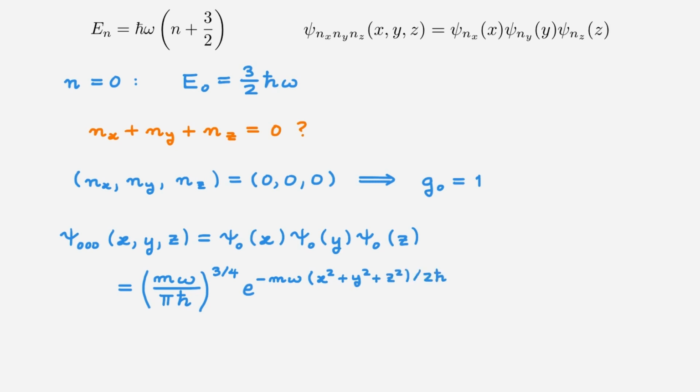We see that this wave function only depends on the distance from the origin, so it is spherically symmetric. Now, it is impossible to plot the eigenfunctions of the three-dimensional oscillator, as we would need a four-dimensional space to do so. However, we can visualize them along the different spatial axes where they essentially look like their one-dimensional counterparts, and so this is what we're going to do.